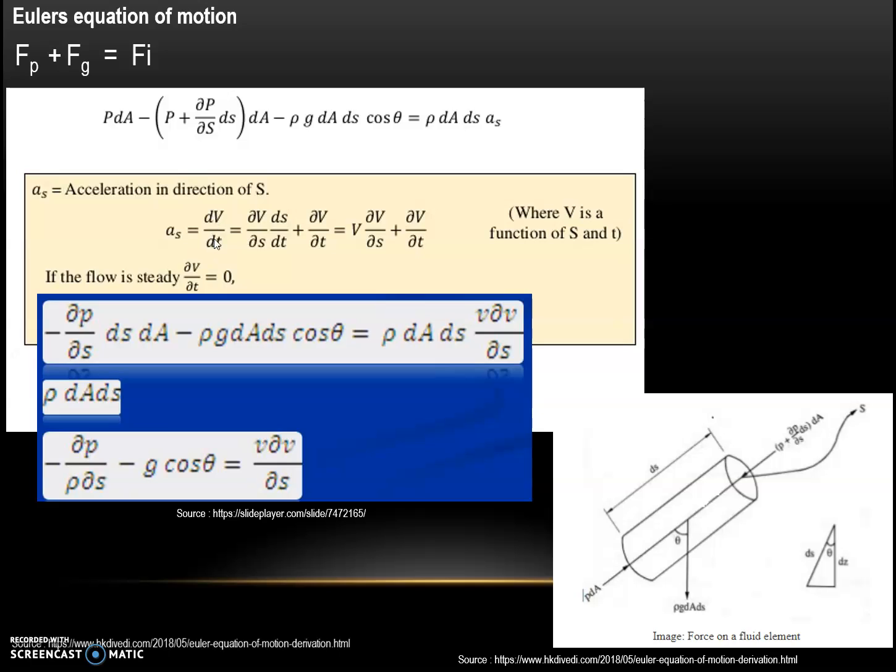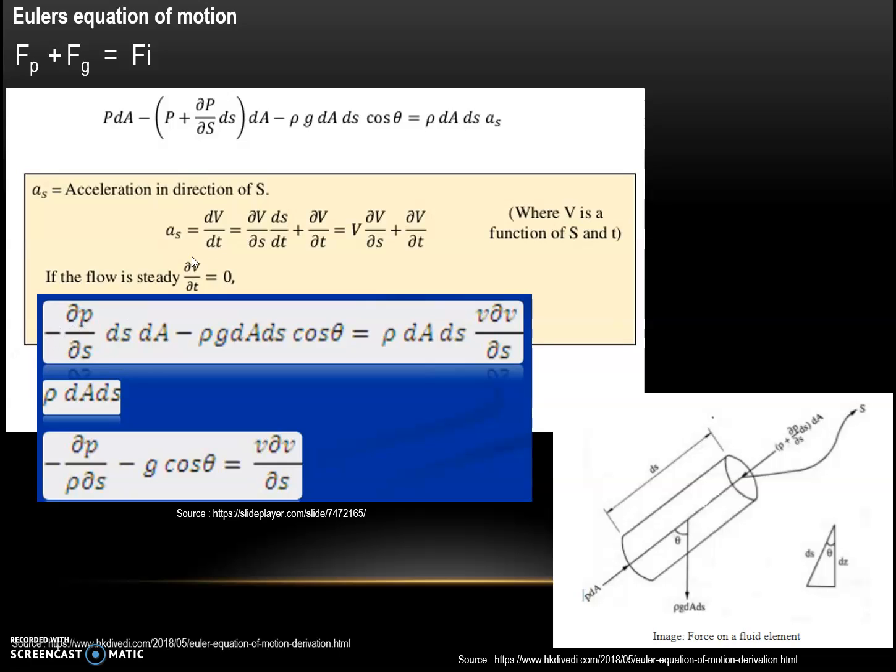So it is dv by dt, which is equal to dou v by dou s into ds by dt plus dou v by dou t, which is equal to v into dou v by dou s plus dou v by dou t. If the flow in this cylindrical section is steady, then dou v by dou t is equal to 0, because variation of the parameters with respect to time is 0 in case of steady flow.